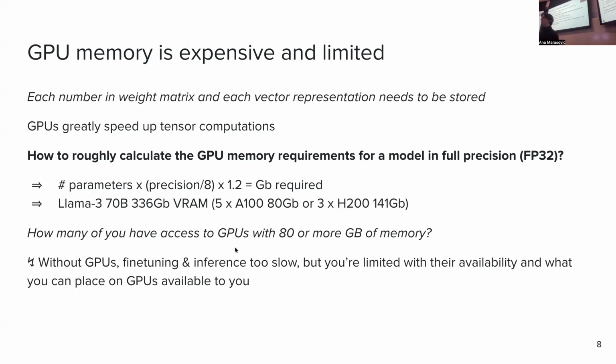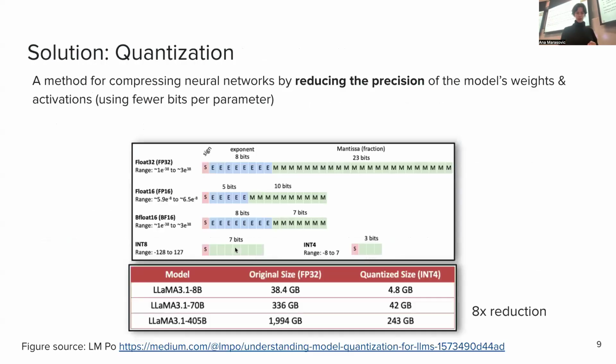Rather, it's given the GPUs I have, how can I fit the largest possible model on these GPUs and get inference or fine-tune it? And I'm saying the largest possible because typically, within the same family, the larger the model is, the better. Everything else equal, a larger model is going to be better. That's the scaling law still showing up. Okay, so we want to try to fit as much as we can.